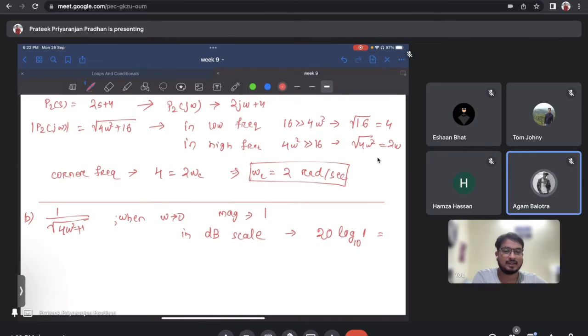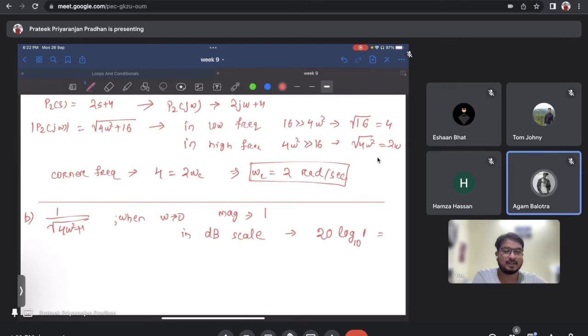Now the third, the C part. The third question is find the phase of the sinusoidal transfer function with respect to the corner frequency. So the corner frequency is this one for P1 and this one for P2.